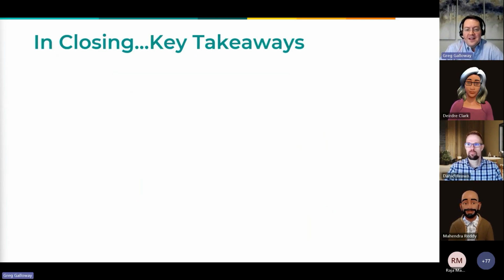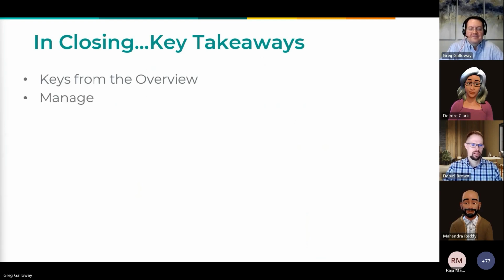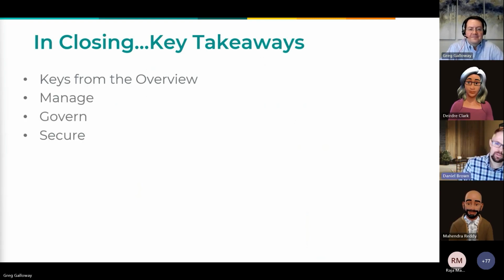So I'll turn it back over to Daniel to wrap it up. Right. Yeah, so let's break down the sections a little bit and some key takeaways. Raja kicked us off with the Fabric overview. I think one of the key takeaways out of there is the direct link mode. I think that is a pretty significant game changer in what Fabric is bringing to the table.